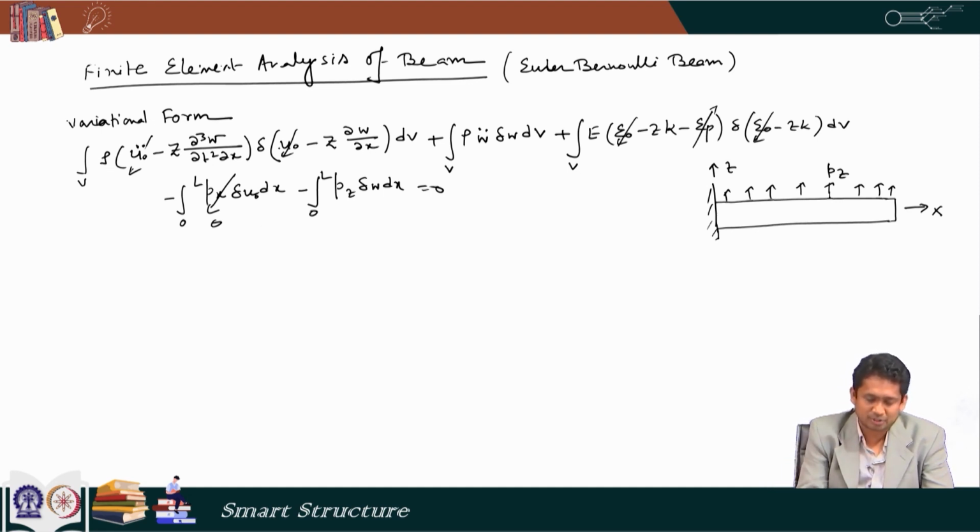So, this quantity is also we are going to neglect to keep the formulation simple. So, finally, we have here, if I integrate this term, I will just write it once.